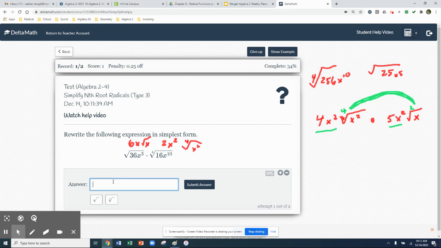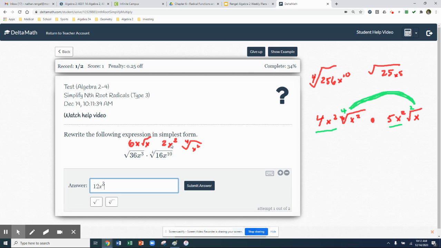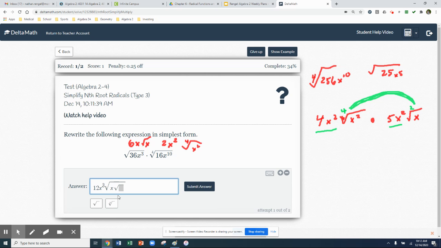Now let's see if this is going to accept this. I'm going to multiply 6 and 2 to make 12, x and x squared to make x to the third, and then a square root of x, and then a fourth root of x squared.